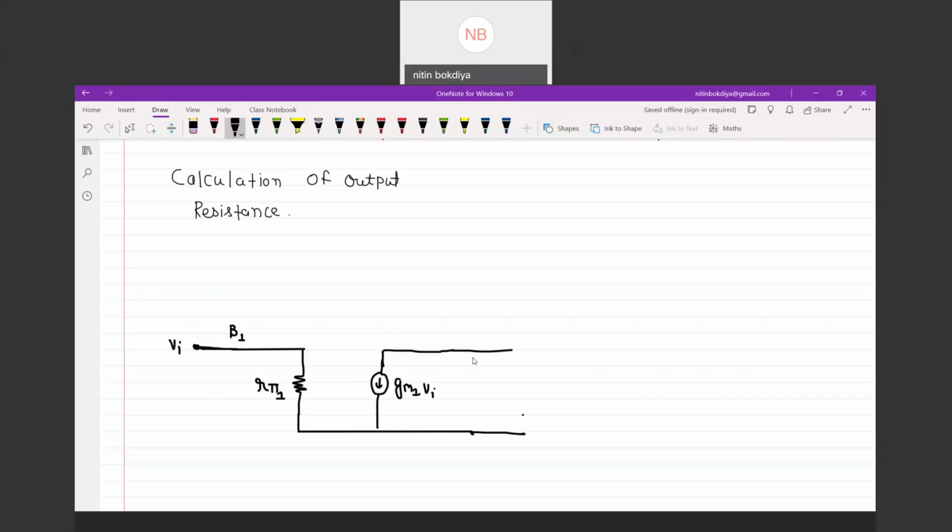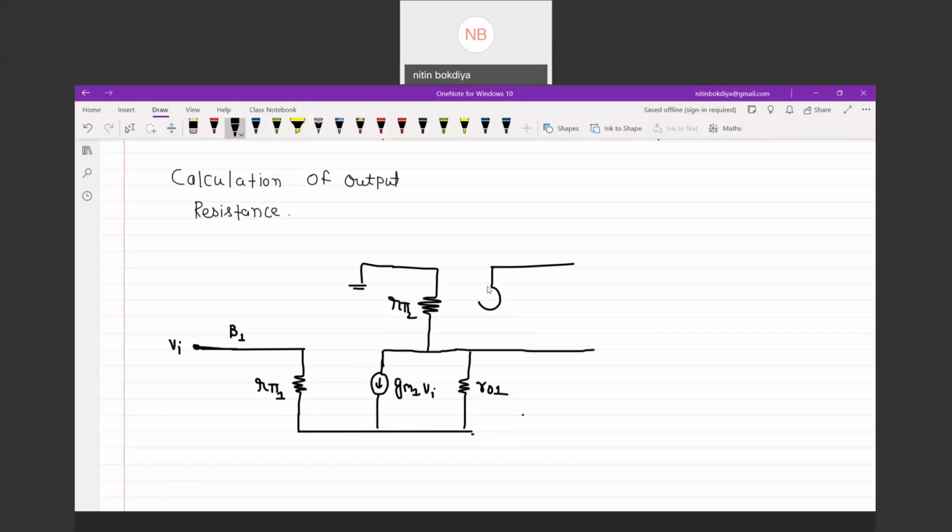This is R01. Then we are having R pi 2, connected to ground.